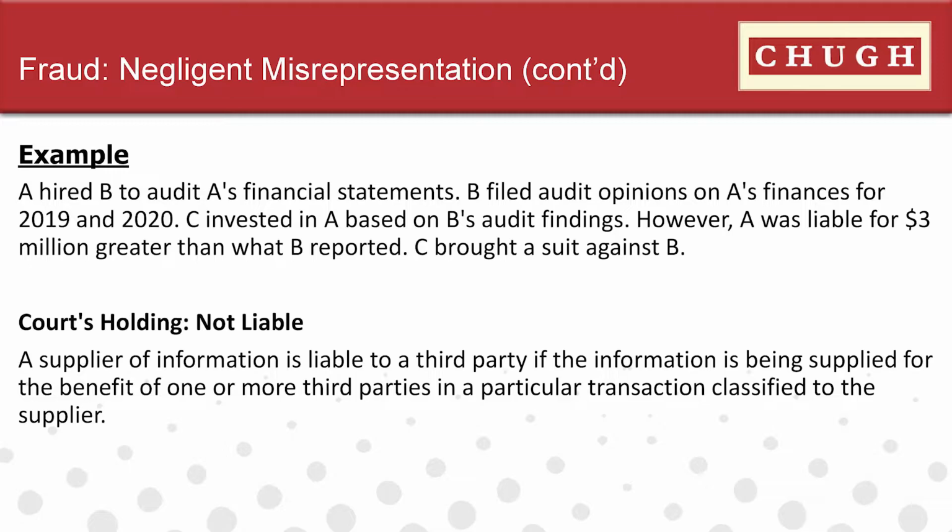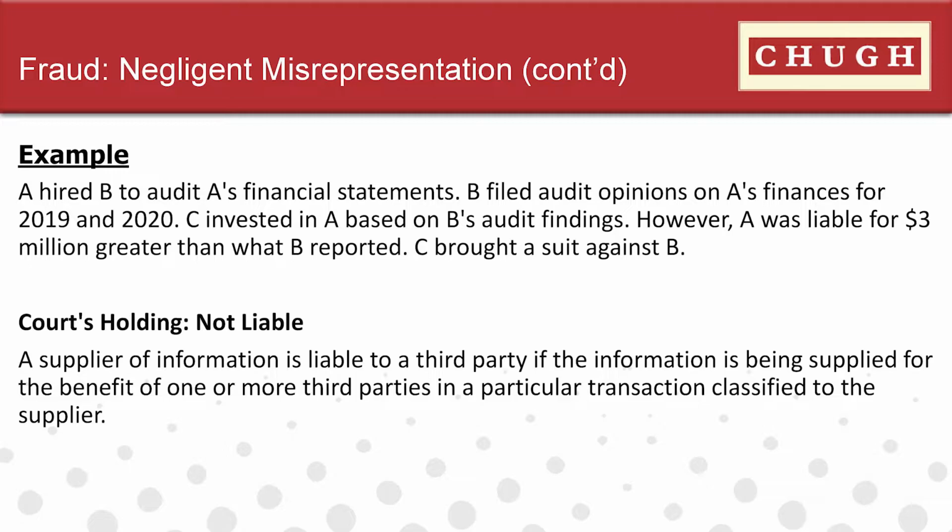Now, in most cases, this would be a slam dunk because the accounting firm or the audit firm has a fiduciary duty or professional responsibility to the company to make sure that the audit is accurate. So if they make a mistake, they could be found to be negligent in this situation.